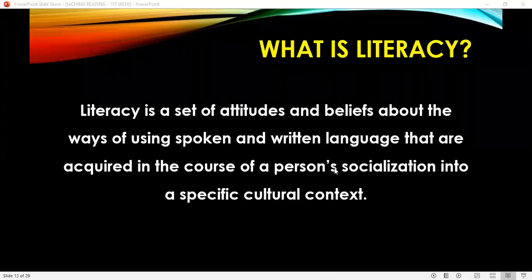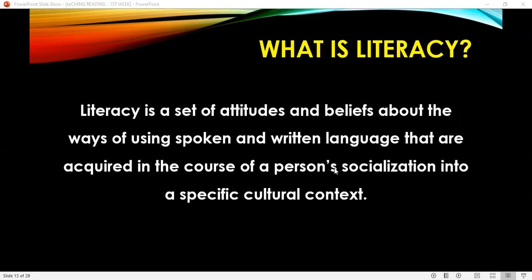As we talked before, there's going to be an interference between the first language and the second language related to your background knowledge, your experiences, and also the knowledge of the language you have. For example, if you are an excellent reader in your first language, it doesn't mean that you're going to be an excellent reader in the second language.